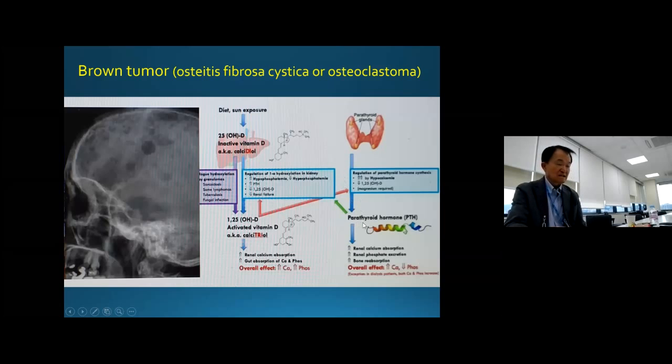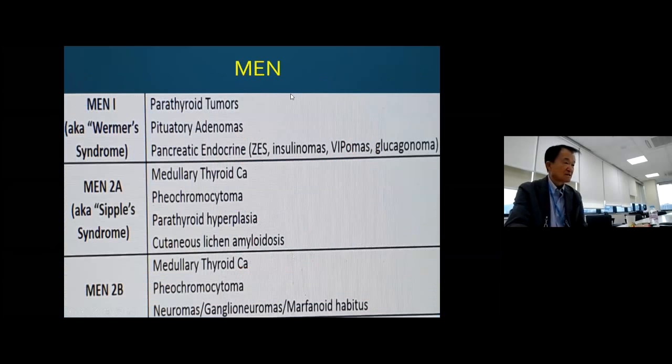So if there's any dysfunctional problem, you expect to see some abnormality. Again, from the endocrine standpoint, multiple endocrine neoplasia, MEN1, includes the parathyroid tumor, and MEN2A includes parathyroid hyperplasia.